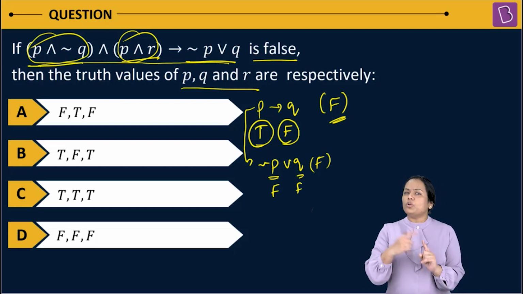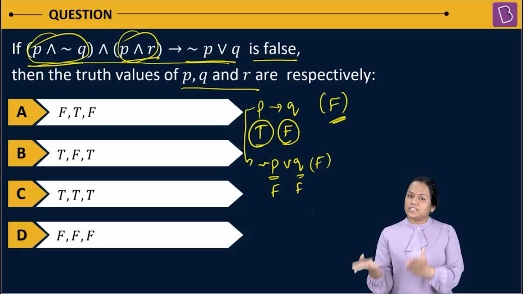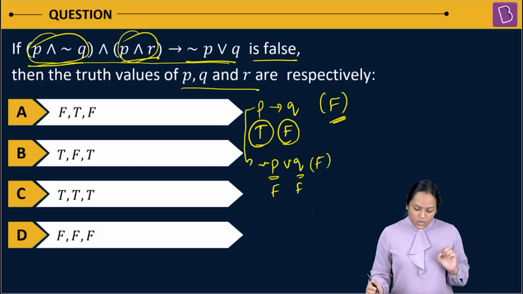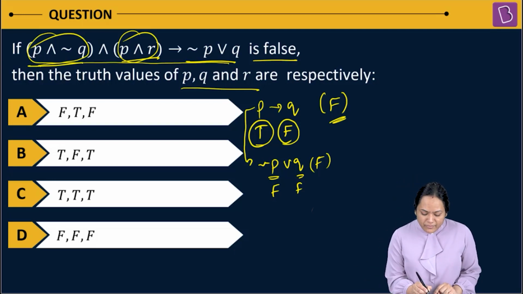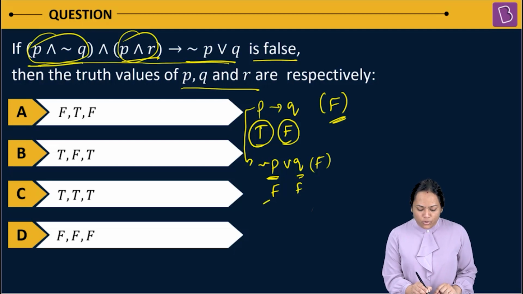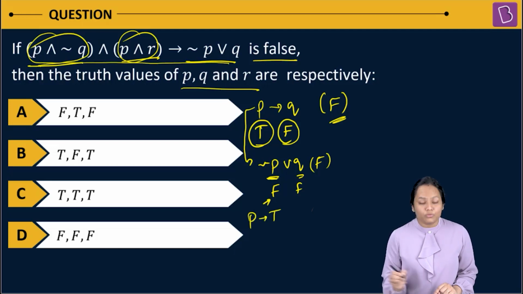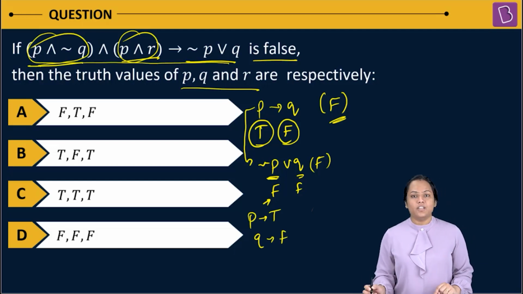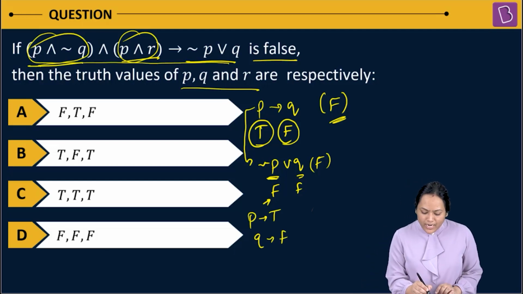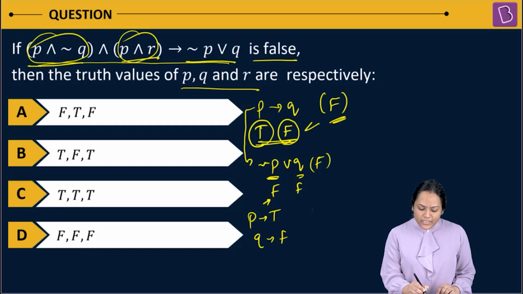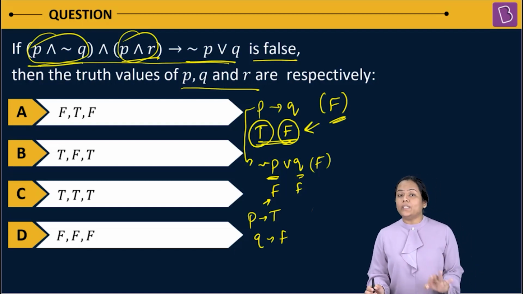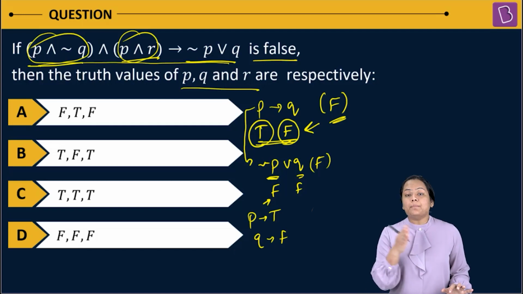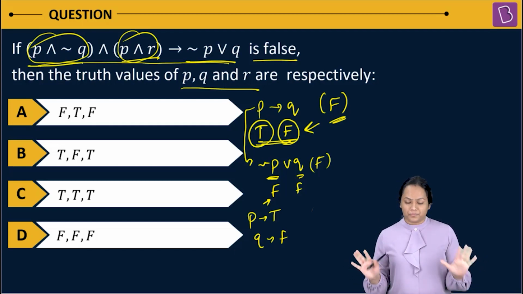False or false definitely gives false. So if negation of P is false, P has to be true, and similarly Q is false. So we have reached the same condition, that P has to be true and Q will be false. This is the only condition when P implies Q will become false. Is this much clear?